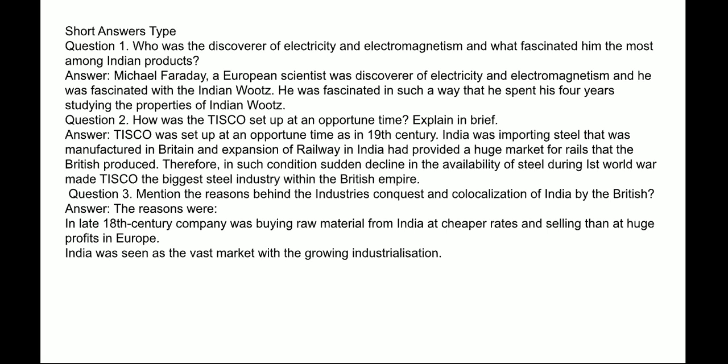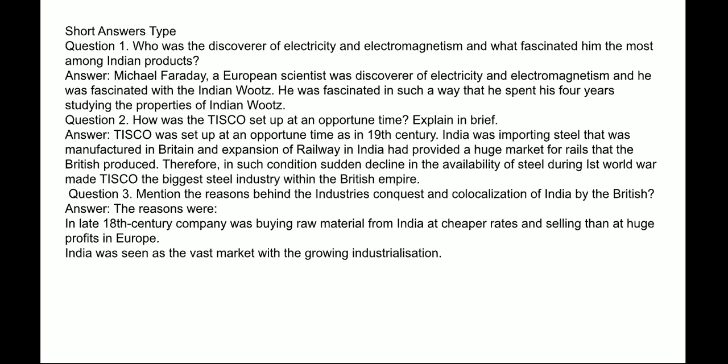Next question. Mention the reasons behind the industry's conquest and colonialization of India by the British. Answer. The reasons were in late 18th century, company was buying raw material from India at cheaper rates and selling them at huge profits in Europe.